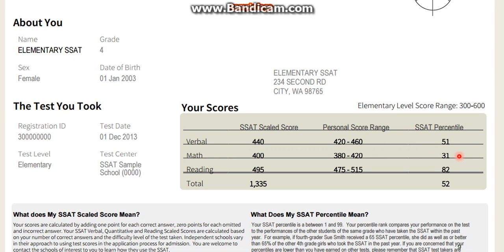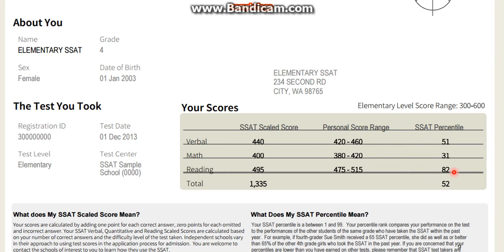The student scored a little bit lower in math, so that would mean that I guess 69% would have scored higher and 30% would have scored lower. But look, this student did really well in reading, and there would have only been 18 students out of 100 who conceivably would have done higher.